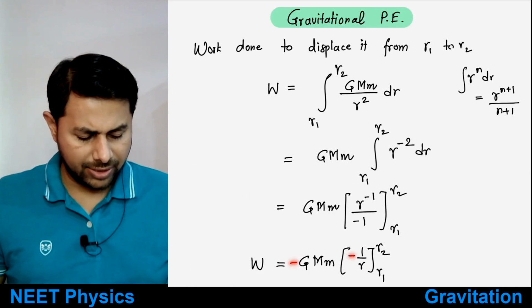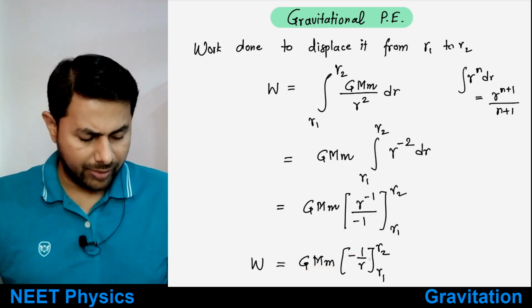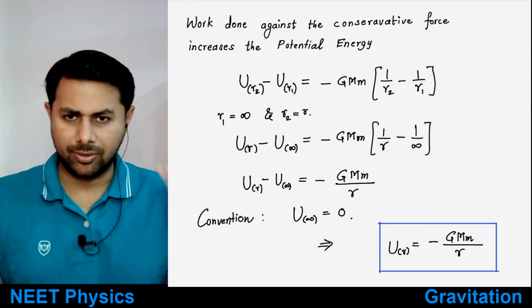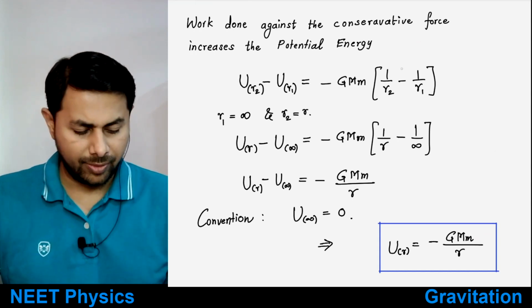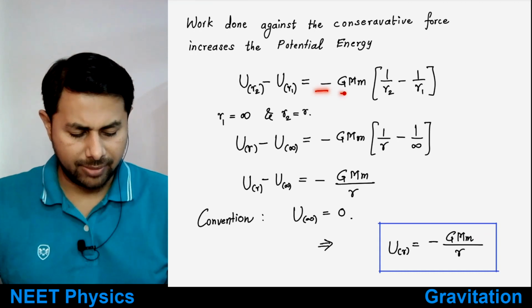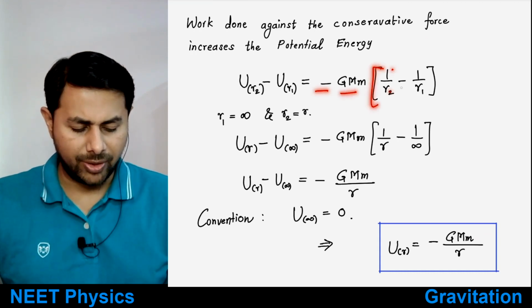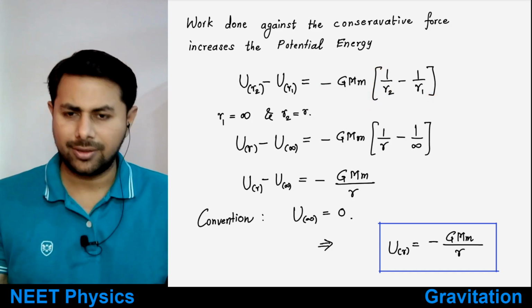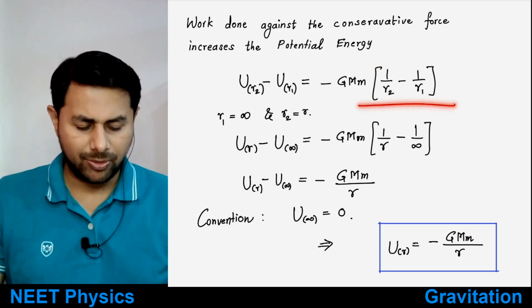You can take the negative sign outside, so minus GMm times 1 by r from r1 to r2. Substituting the lower and upper limits, you get minus GMm multiplied by 1 upon r2 minus 1 upon r1. Is this thing clear, everyone, up to this point?